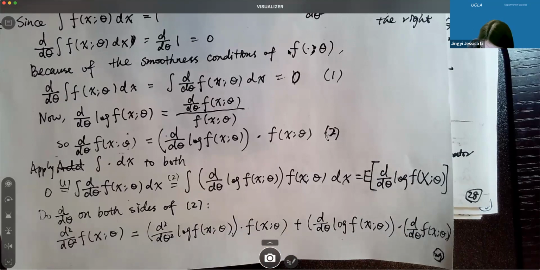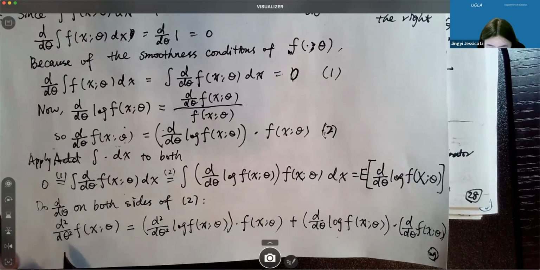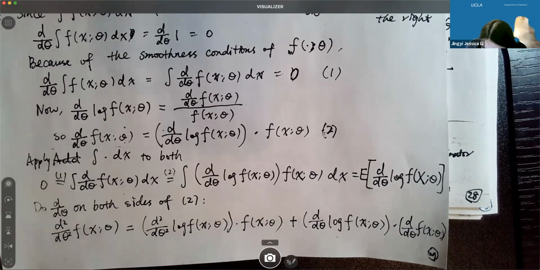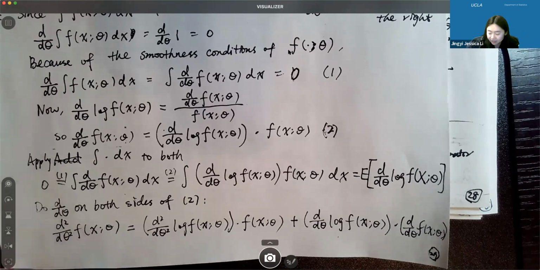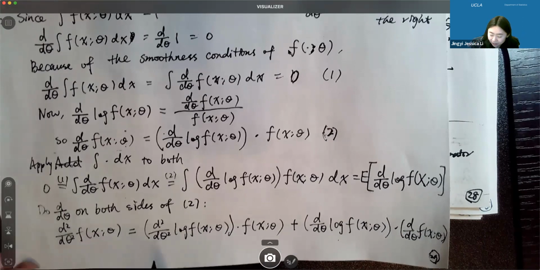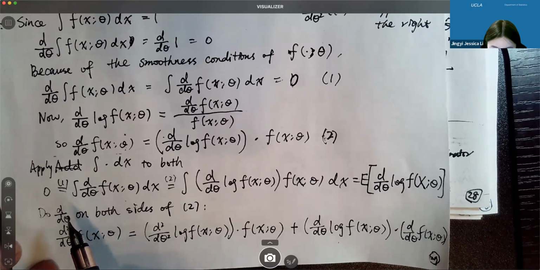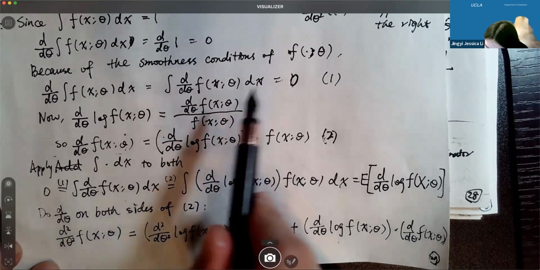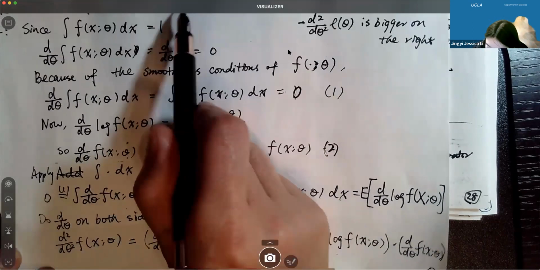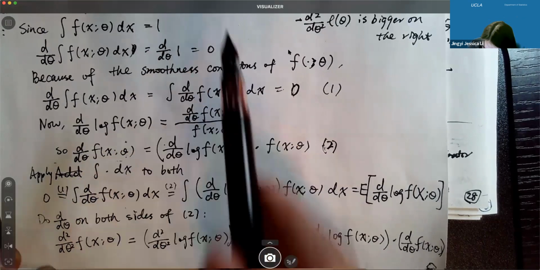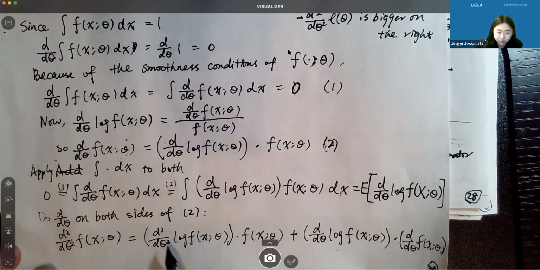Now, for the left-hand side, we have the second derivative, which is what we need in the alternative definition, where we are going to do the log thing. So not yet here. The log thing is right here.